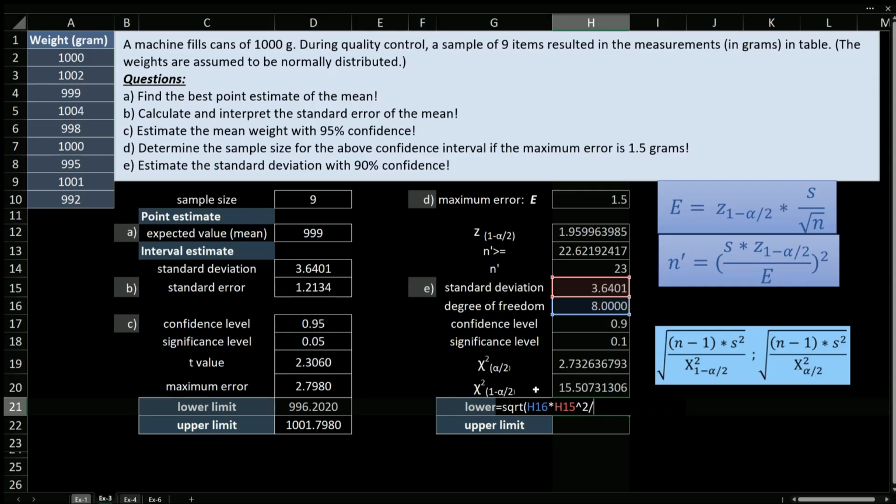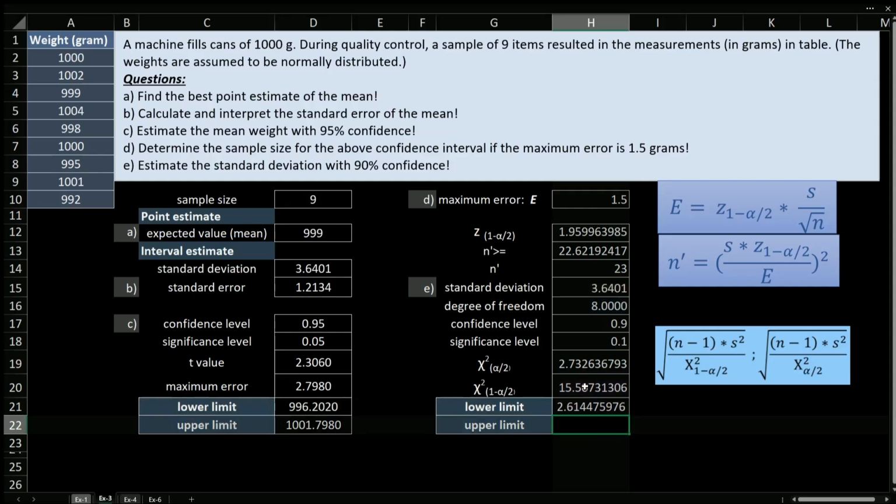I need 1 minus alpha over 2, which is the largest number, and all terms under the radical sign. And for the other one, again, sqrt, n minus 1, or the degree of freedom, multiplied by s squared, divided by chi squared alpha over 2.